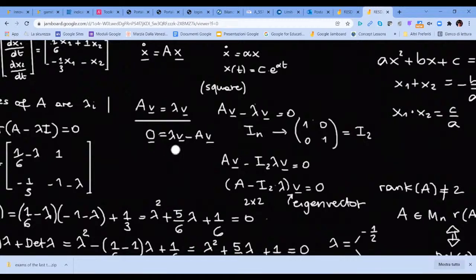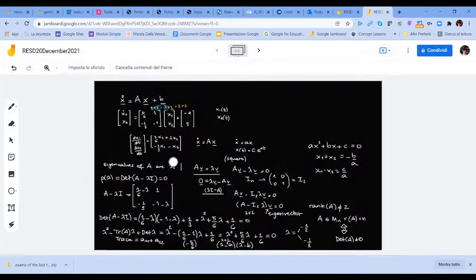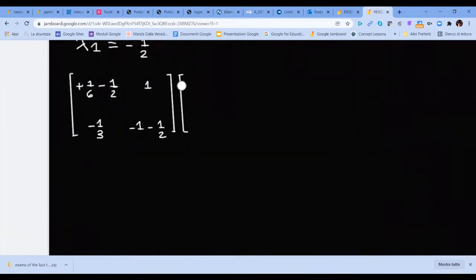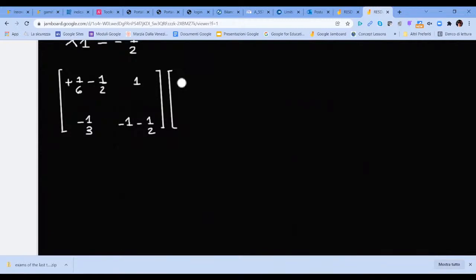Okay, and this will give you lambda times the identity minus A times v equals 0, and this one should have determinant equal to 0. But we know that a polynomial and its opposite have the same roots, so it's the very same to compute this one or the other one. Okay, so you can maybe do this computation with me, and then try to compute the same by changing the sign, but it is the very same.